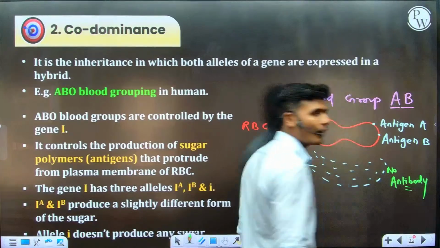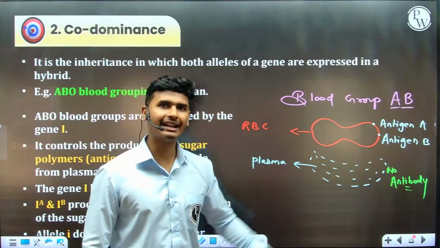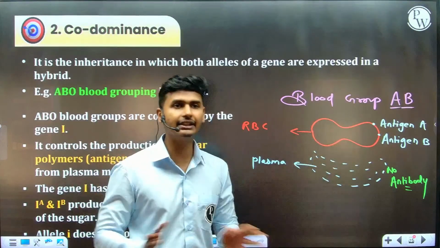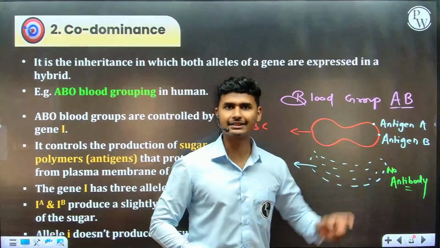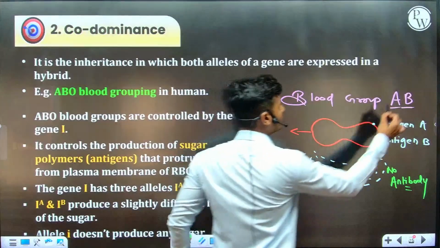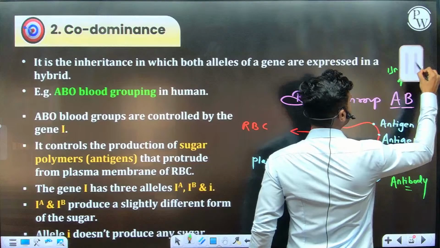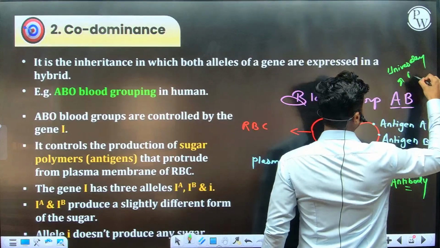If there is no antibody, it means AB blood group can accept blood from any patient or any donor. Because of no antibody, there is no resistance. So that's why AB is universally acceptable.